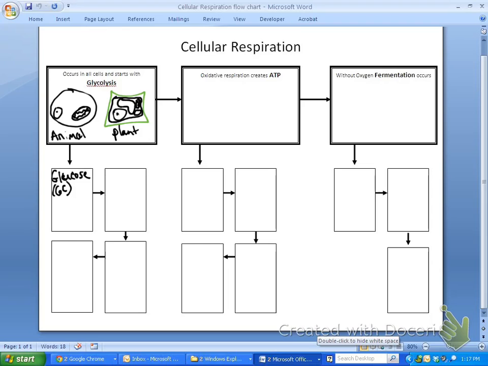Glucose, which is a 6-carbon sugar, splits into 2 3-carbon molecules.